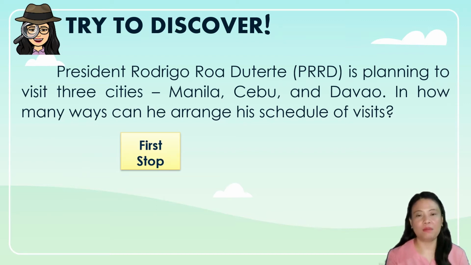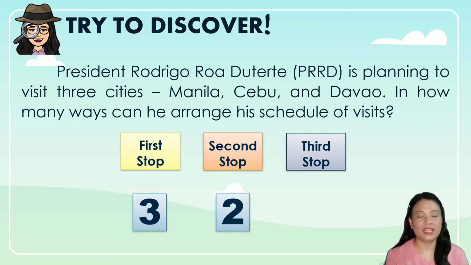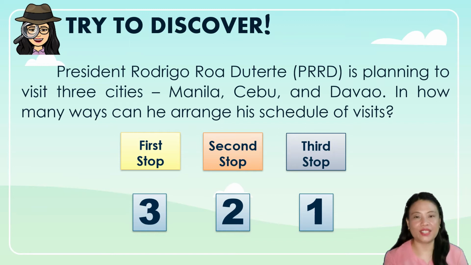On the first stop, you have 3 possible cities to visit. On the second stop, you have only 2 possible cities to visit, since you have visited one of the cities on the first stop. And on the third stop, you have only 1 city left.